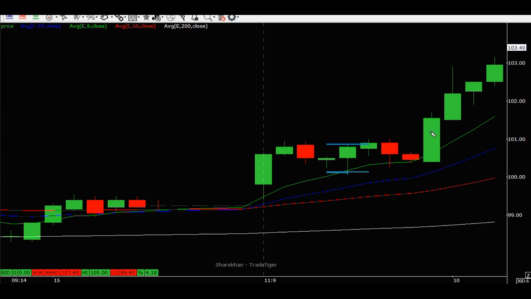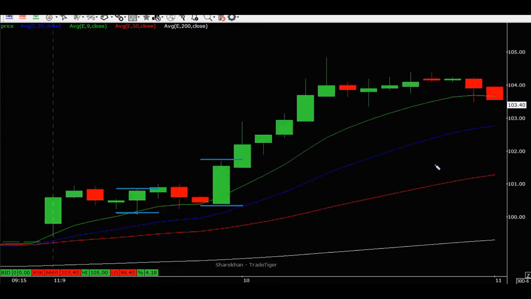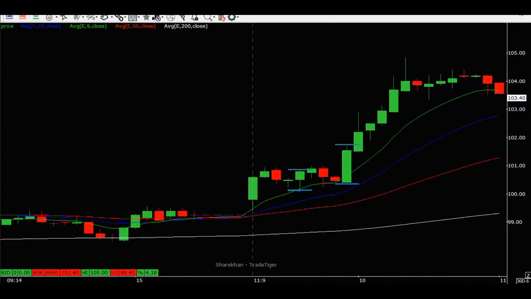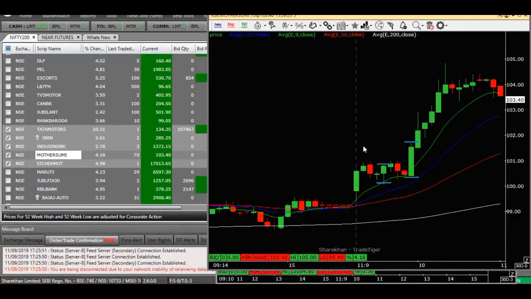This is a strong signal. You can also enter above this bullish engulfing candle high and simply place your stop loss below the low of this candle. Okay, and see the blast in price, right?